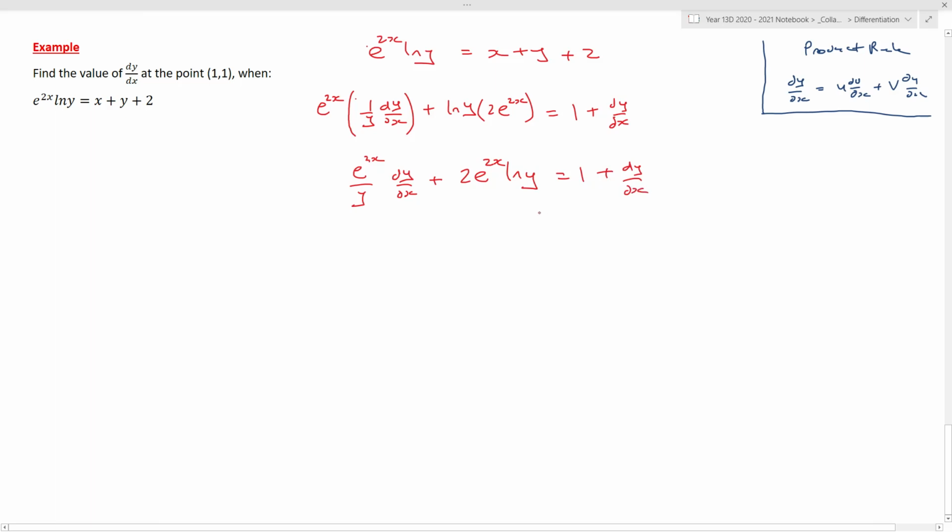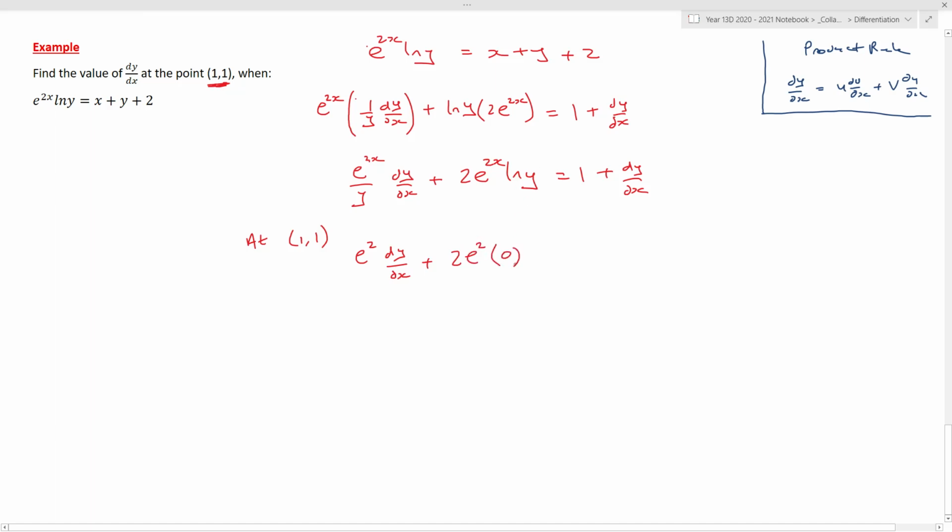Now we could rearrange as it stands, but we don't need to because we want to find the gradient at that point. So we can say at 1, 1, sub in the values, e to the power of 2x becomes e to the power of 2 divided by 1, which is just e to the power of 2 dy by dx, plus 2 e to the power of 2 times log of 1, which is 0.